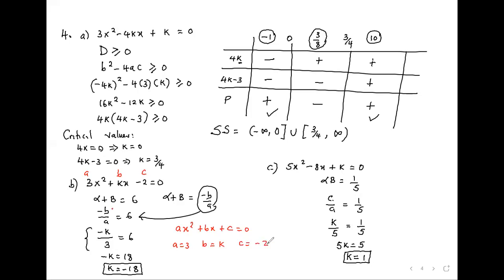Well, we just want -b over a, since it is negative b over a, which is the formula for the sum. So where there is b, we put k. And where there is a, we put 3. And then equate to the given sum, which is 6.